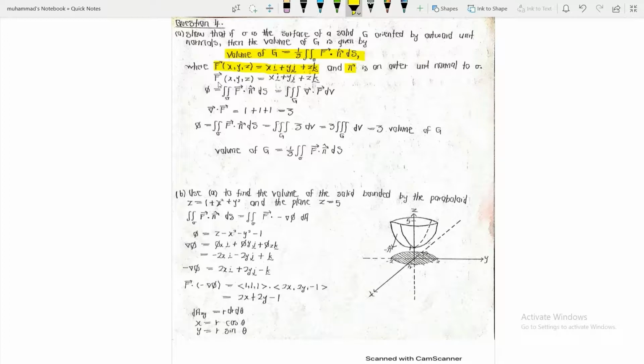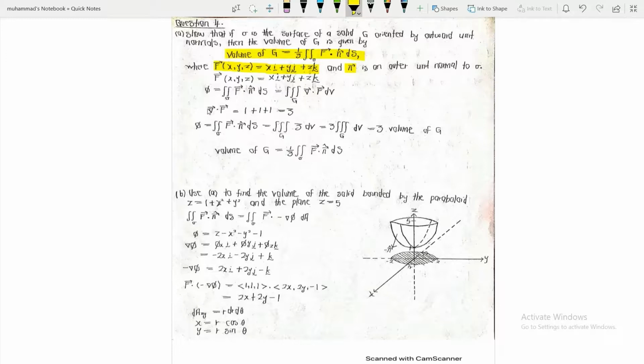So the flux of F across the surface sigma of the solid G is given by phi equal to double integral over sigma of F dot n ds equal to triple integral over G of divergence F dv, where we have used the divergence theorem.